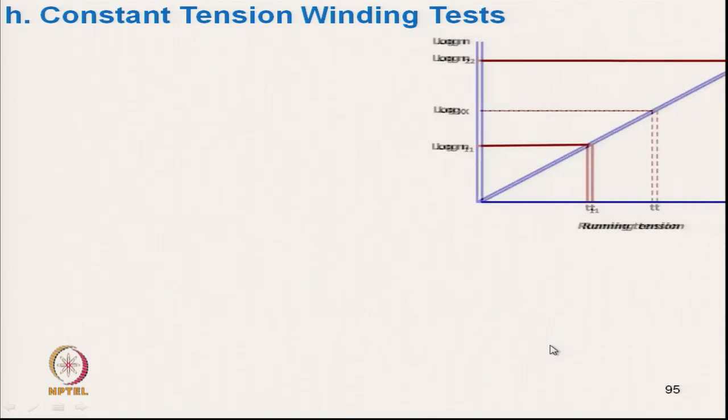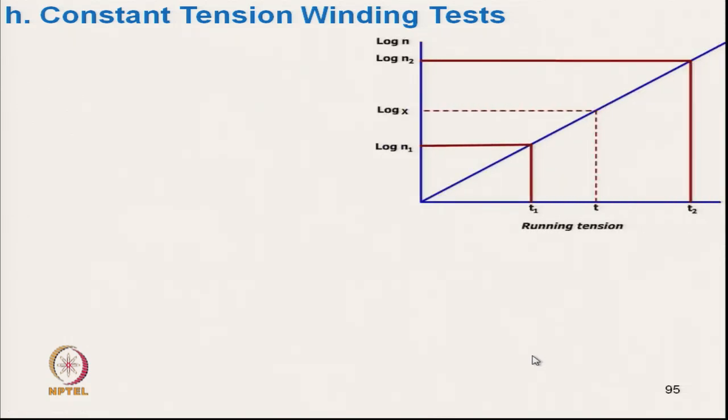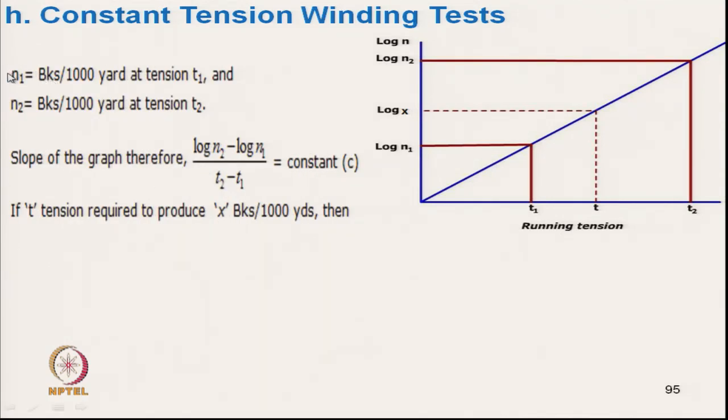Now, there is a relationship for a yarn. N1 is the breaks per 1000 yard at tension T1. In the x axis is the running tension. So, we give tension T1 and get the value N1, and on the y axis the log value of N1 is plotted.